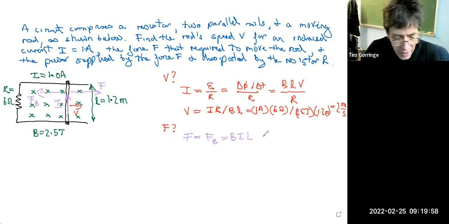I don't have a sine theta because sine theta in this case is sine of 90 degrees, which is just a 1. That's because the magnetic field is perpendicular to the current.